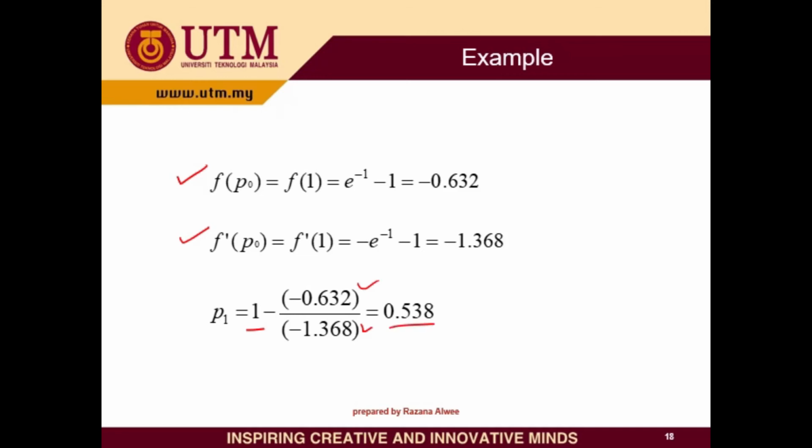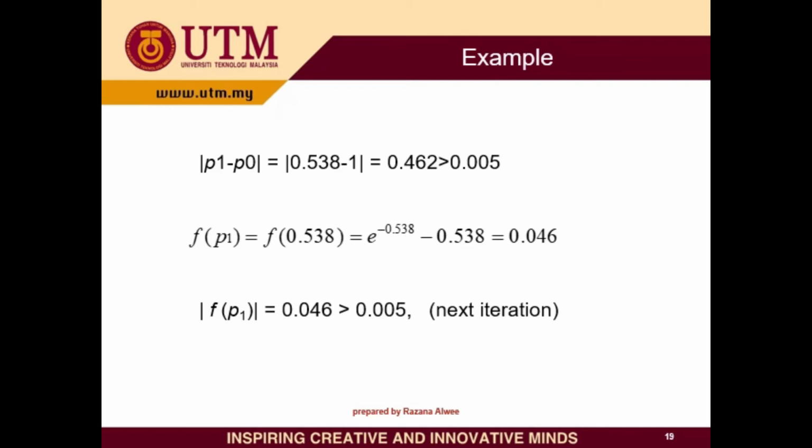Then you check your p1 minus p0 here, whether it is less than 0.005, and then you can check again the f(p1) whether it is less than 0.005. Unfortunately, both 0.046 and 0.462 are more than 0.005, so you need to go for the next iteration.